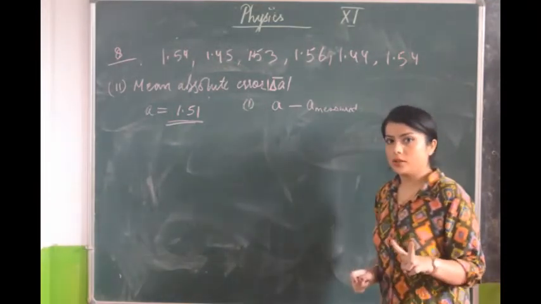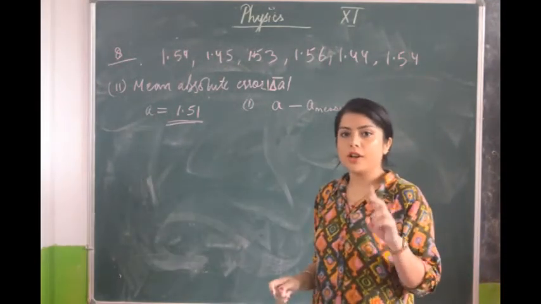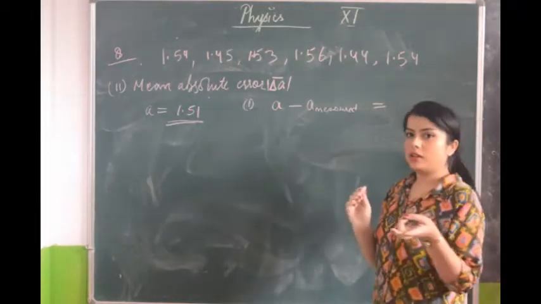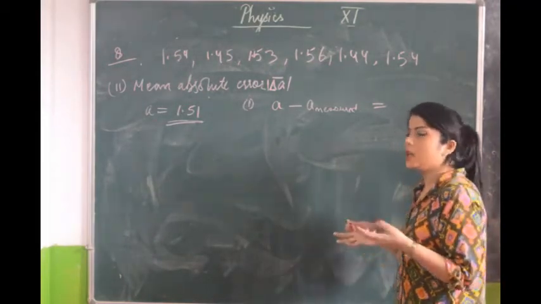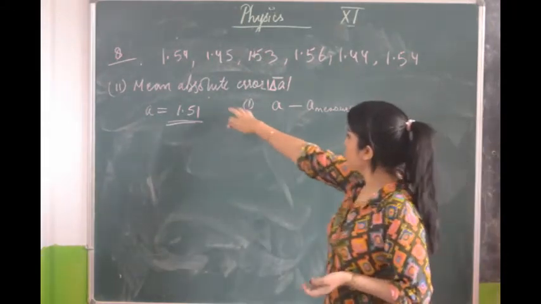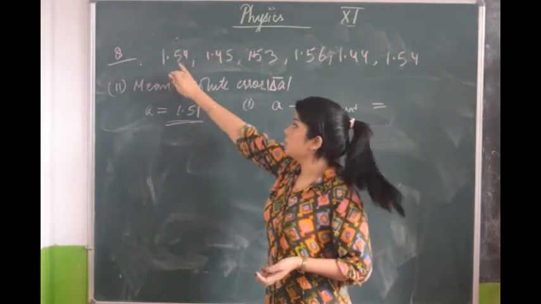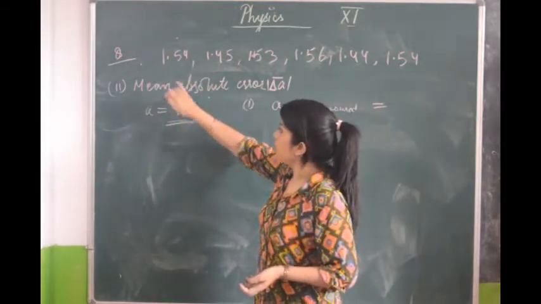There were two conditions, either the true value is greater or less than the A measured. Whichever is greater, we'll keep that first and subtract the smaller one. So for the first one, true value is less than the A measured, so we have to subtract this number by this number.